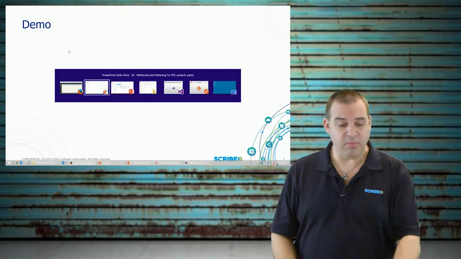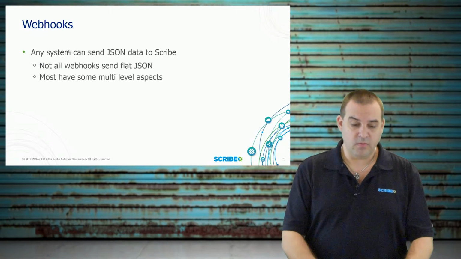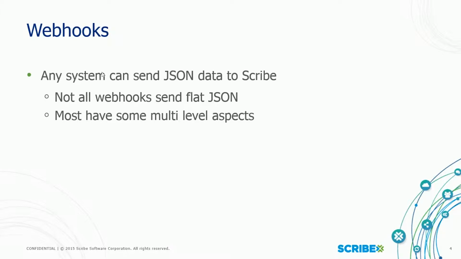So let's go back and let's talk about what that means. Any system can send JSON data to Scribe. Again, the caveat is we have to open up that security using our security options in our organization. But there are some drawbacks. Not all webhooks send flat JSON.